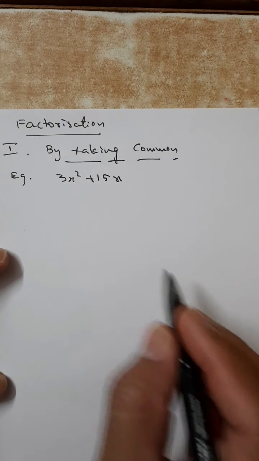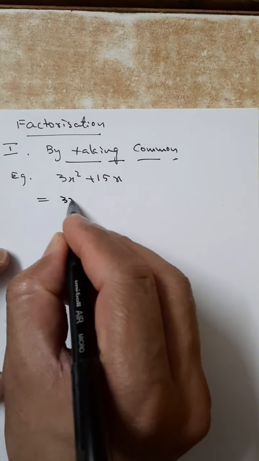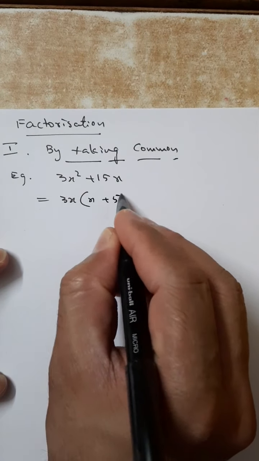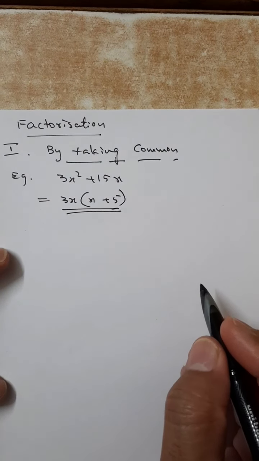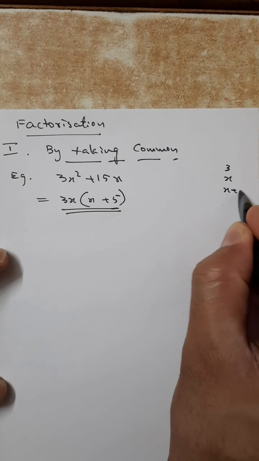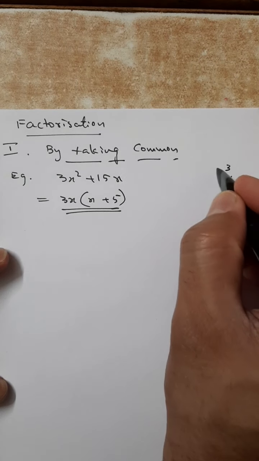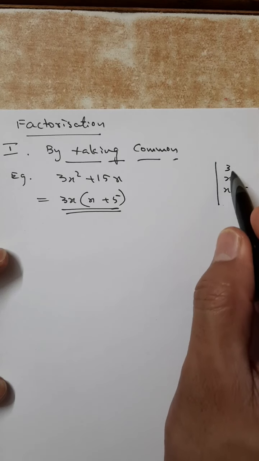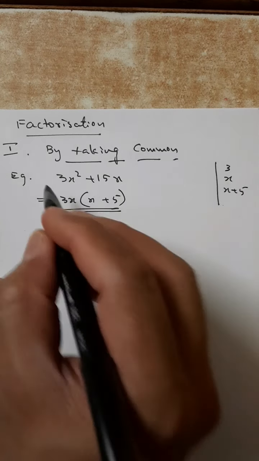Question: factorize. Something is common. What is common? 3x is common. So here x remaining and here 5 remaining. So factorization is done. Which are the factors? 3, x, x plus 5. 3 is a factor, x is a factor, x plus 5 is another factor. 3x into x plus 5.